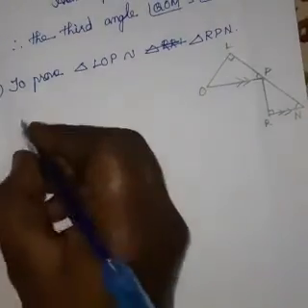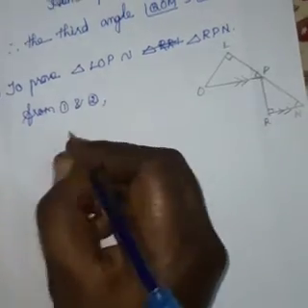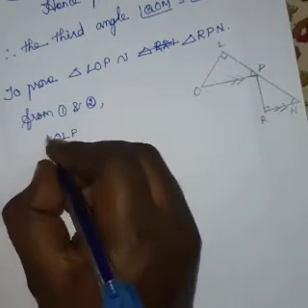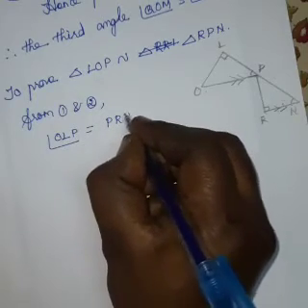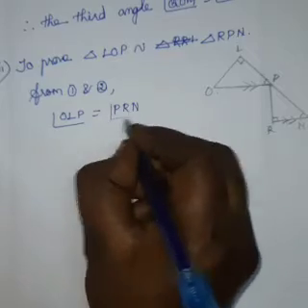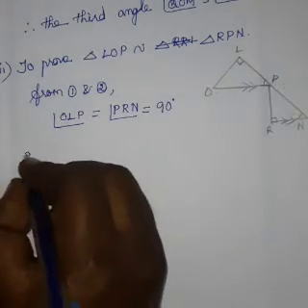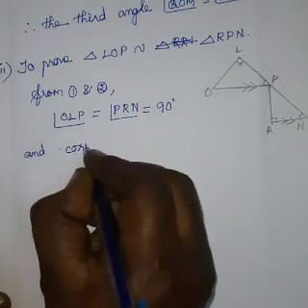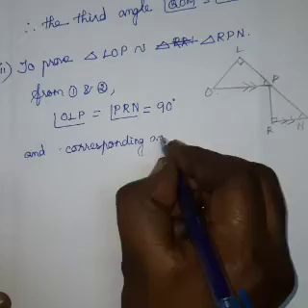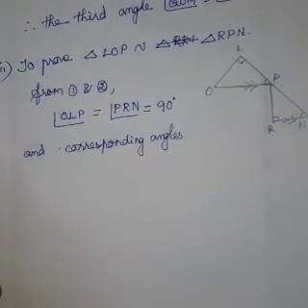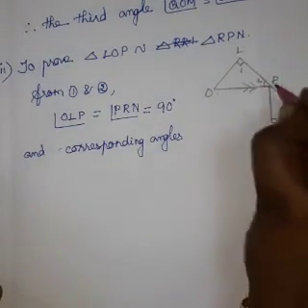So how to write? From 1 and 2, angle OLP is equal to angle PRN, that is also equal to 90 degree. Then corresponding angles: this is the first angle, these two are the second angle.